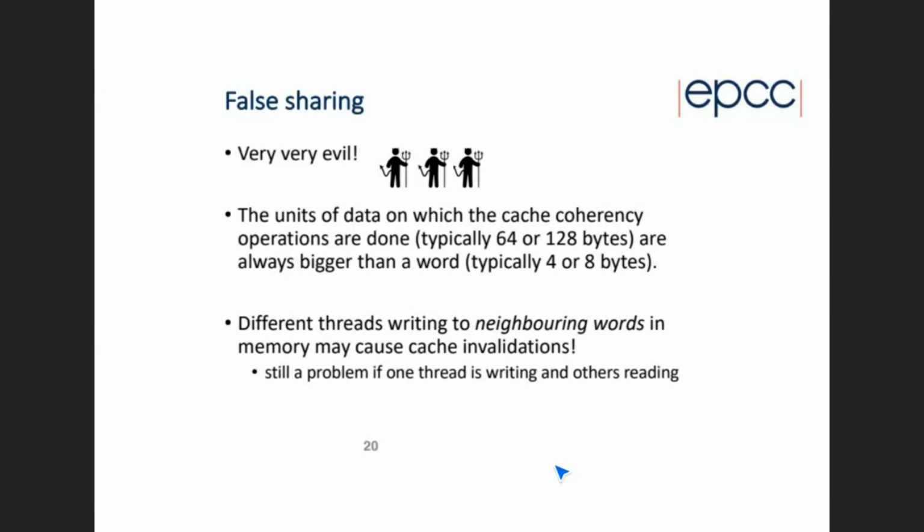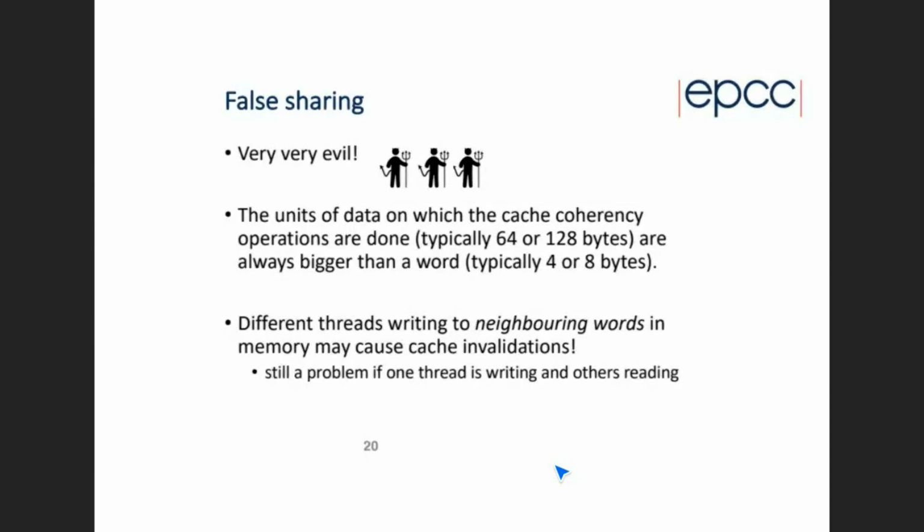And the extra piece of information that you need to understand this is that the units of data on which those cache coherency operations are done is typically something like what's called cache lines or cache blocks. So this is basically how much data gets loaded at a time from memory into the cache.